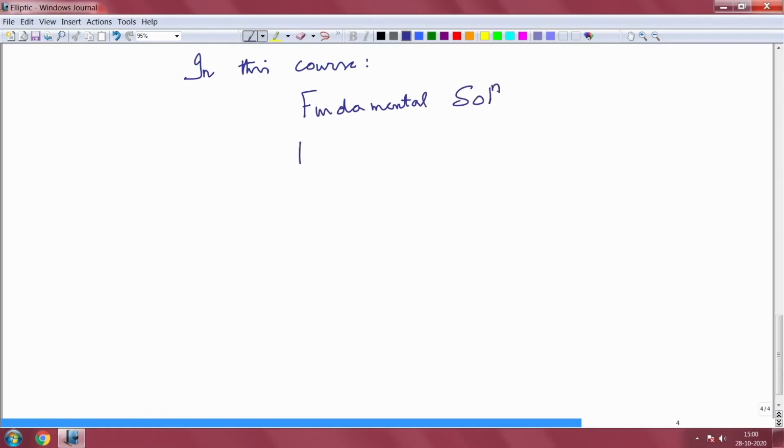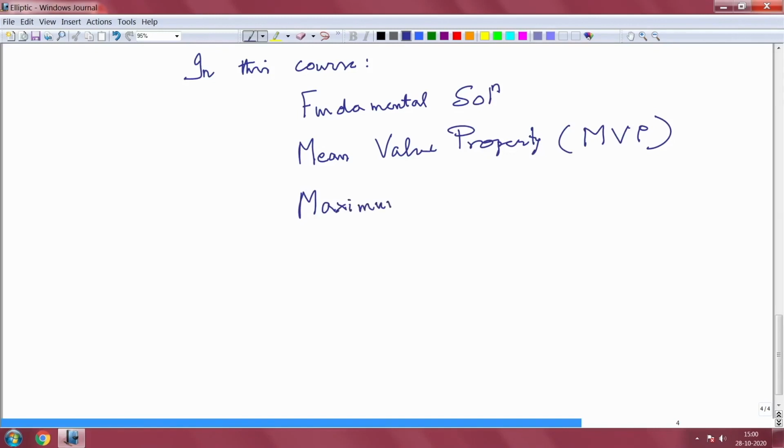Then the mean value theorem or mean value property, we call it MVP, and you derive some maximum principle, and this leads to what are called the uniqueness results.